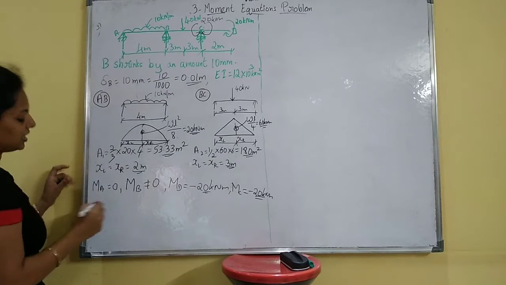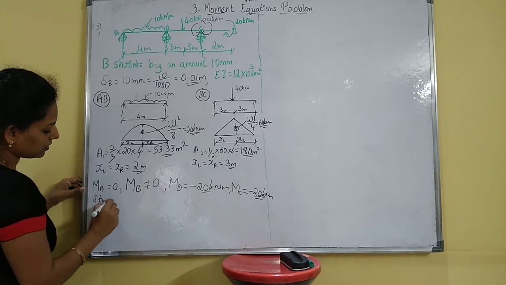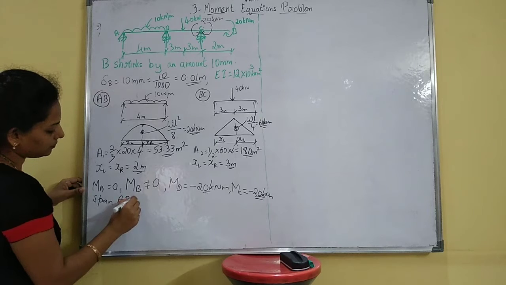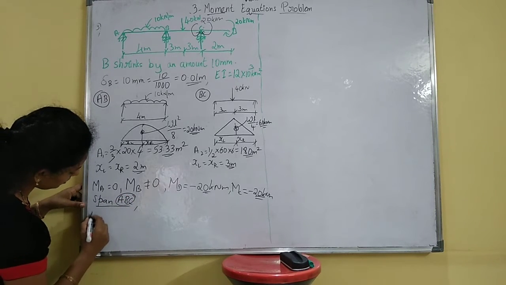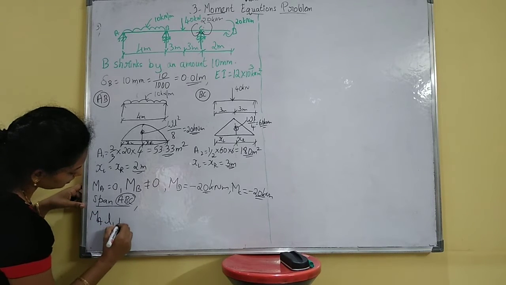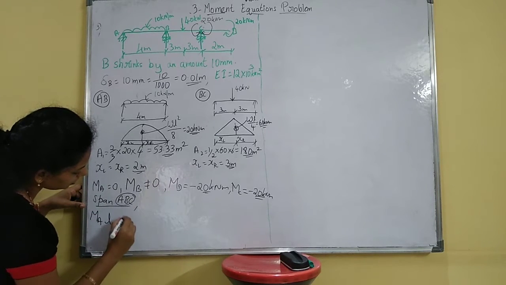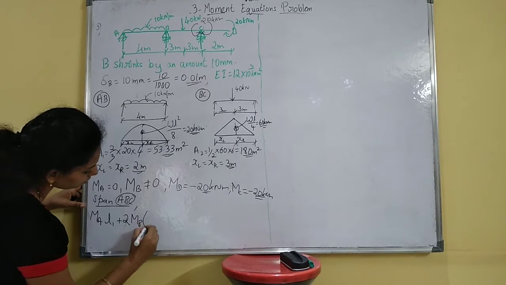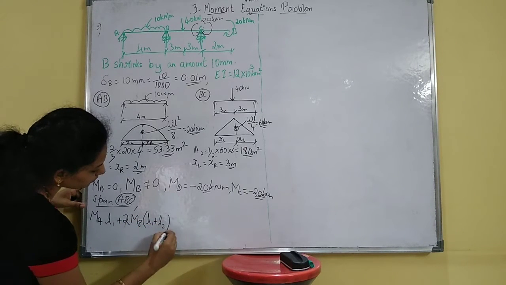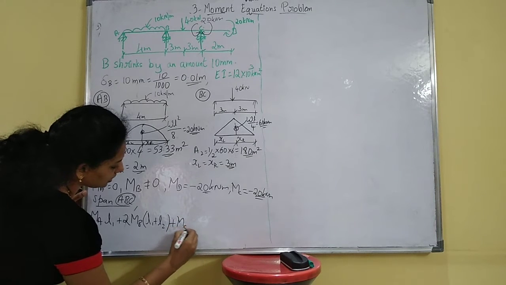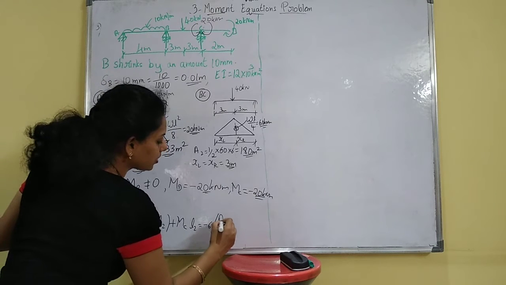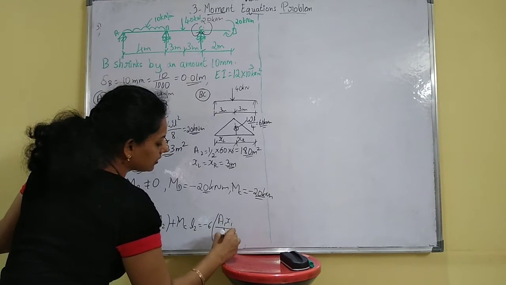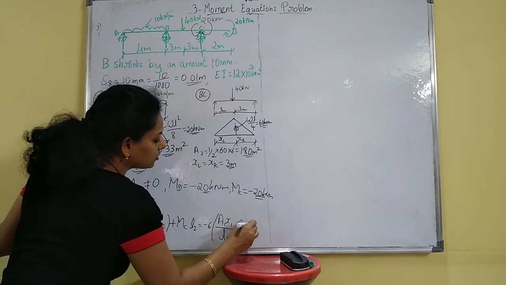First consider the span ABC. The formula is MA into L1 plus 2 times MB into L1 plus L2 plus MC into L2, which is equal to minus 6 A1 x1 by L1 plus A2 x2 by L2.